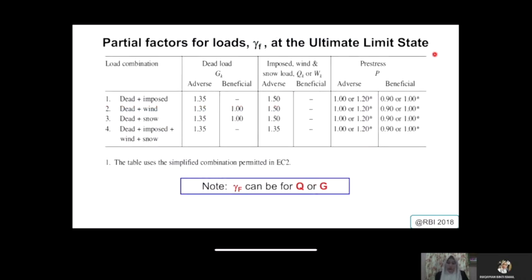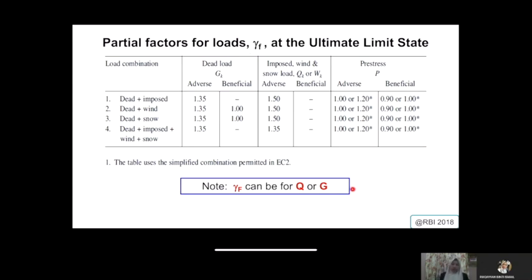So partial factor of safety for loads, which is gamma F at ultimate limit state. You have the GK, the QK, and the WK, and the pre-stress P. I think this is a very common table that you have used before.